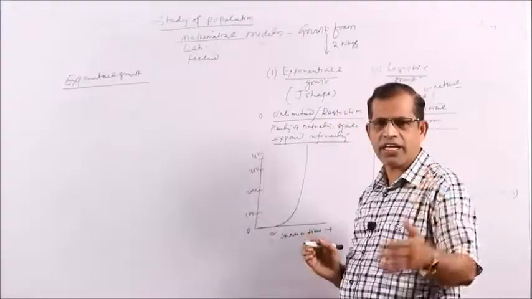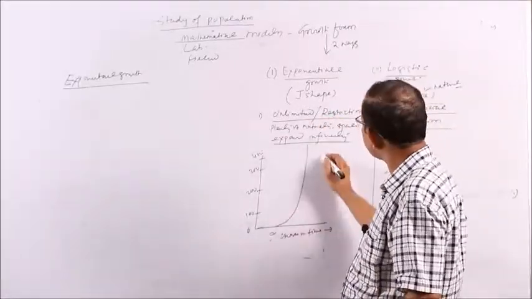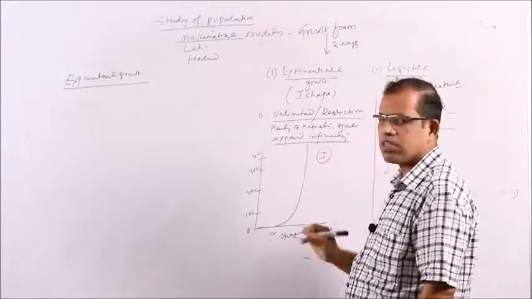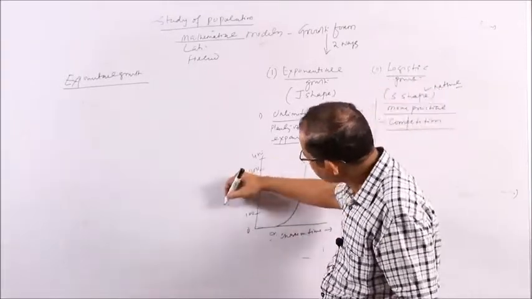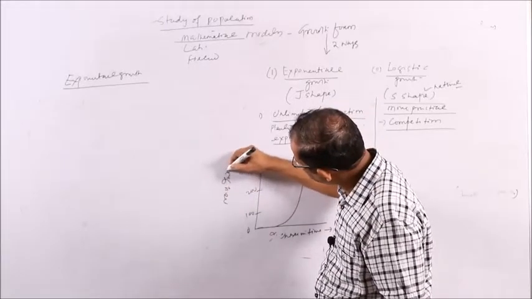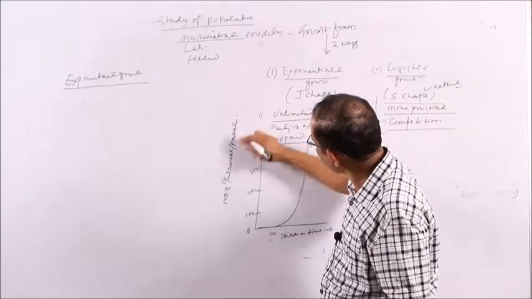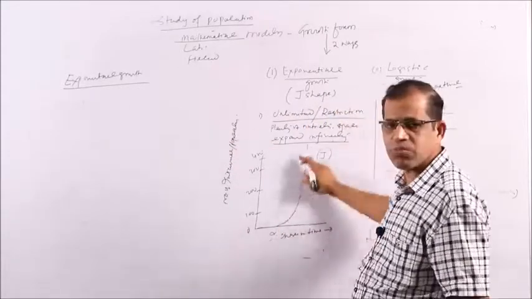There is a sudden rise in the population, it is exponential, that means it is a J shape growth of population. This is the number of individuals in a population. So, the number of individuals increases with time.